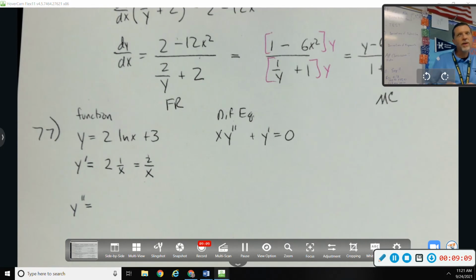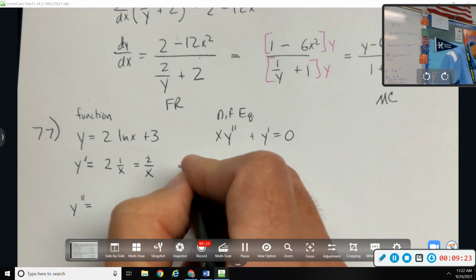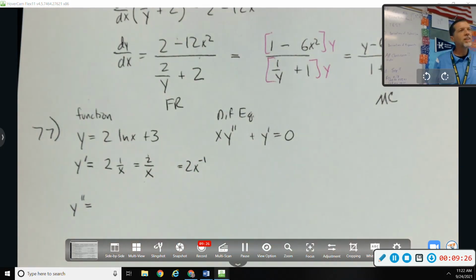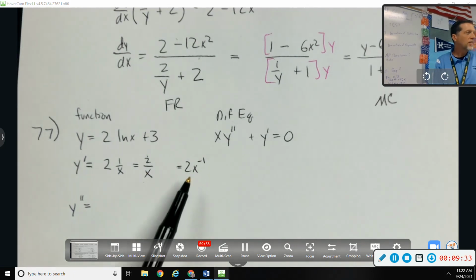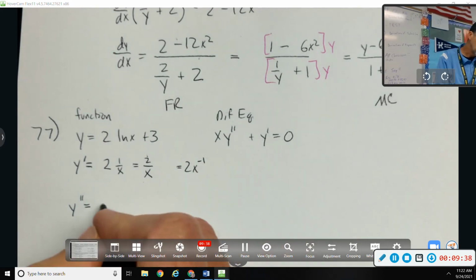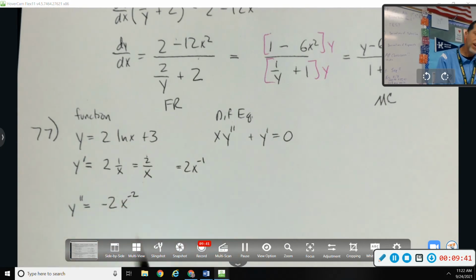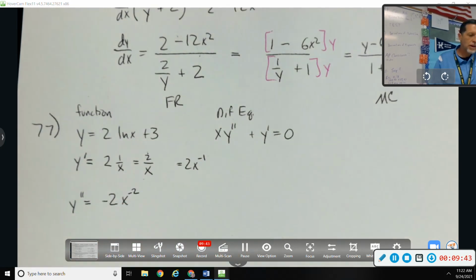Quotient rule. Anybody see a way to sneak around the quotient rule? You can get out of the quotient rule on this one if you want to rewrite this as 2x to the -1. So now do you want to do quotient rule or do you want to do negative exponents? I think negative exponents because it's power rule. So -2 x to the -2. So that wasn't bad.